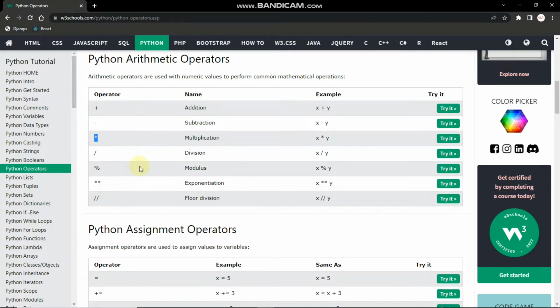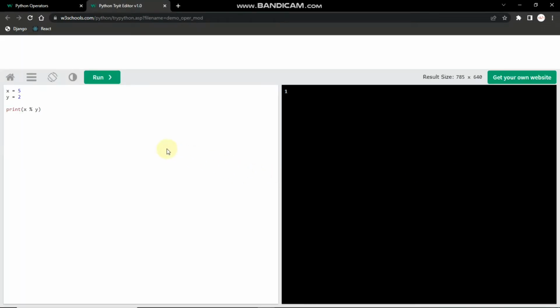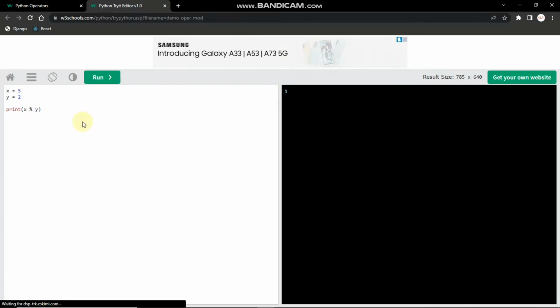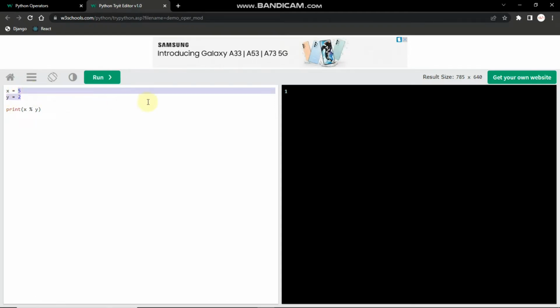First let's talk about modulus. Now click on try it. You're going to see 1. This means if we divide these two, the remainder will be here.